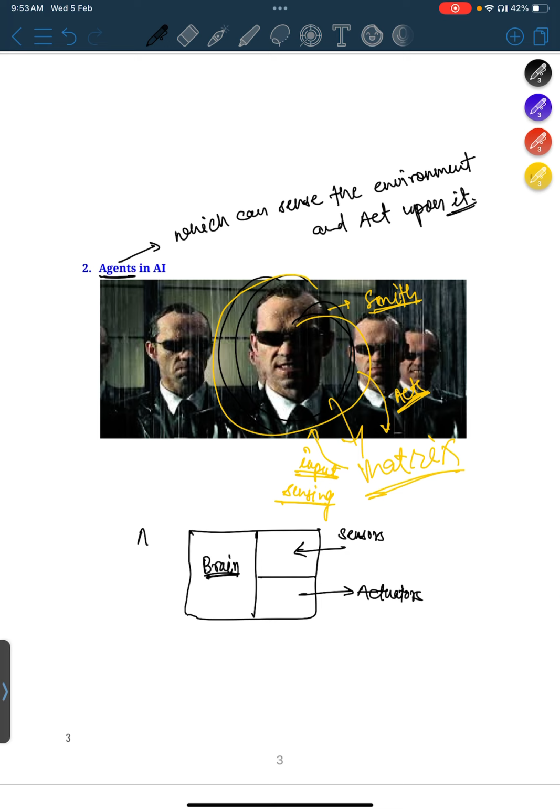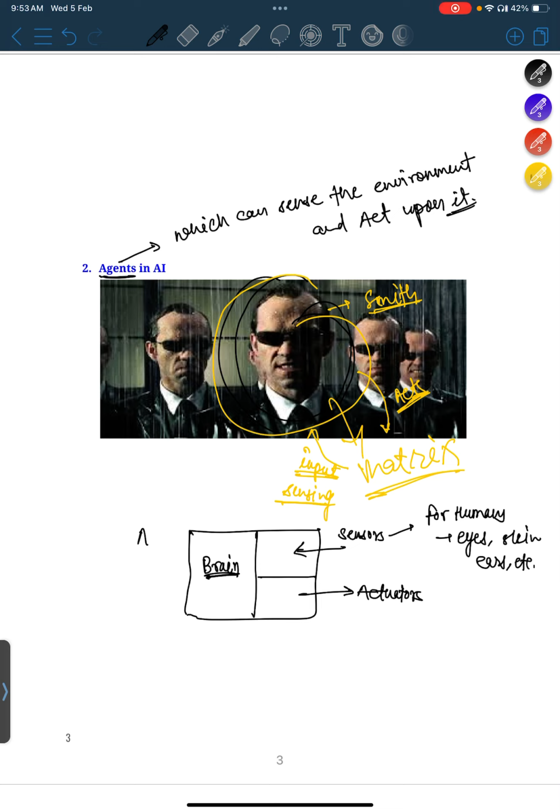Sensors you can think of, if I take the example of humans, what are the sensors for humans? These are eyes, our skin, ears, etc., from which we can sense what exactly is going on outside.